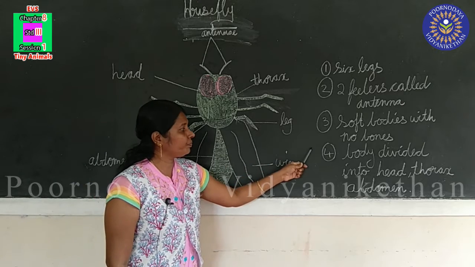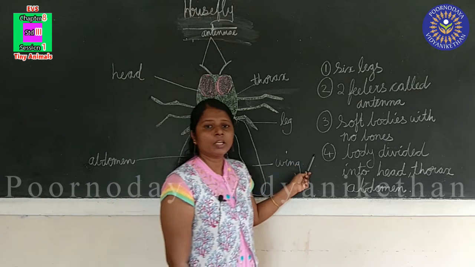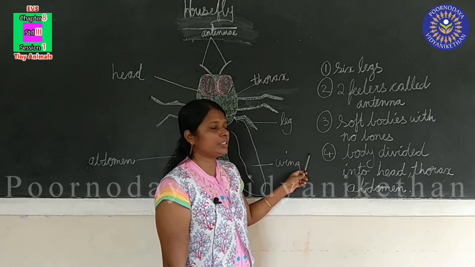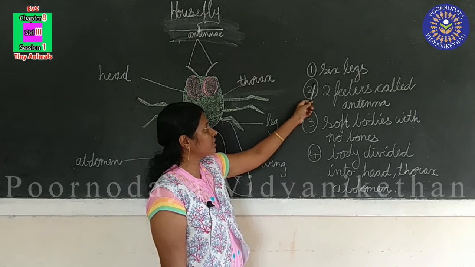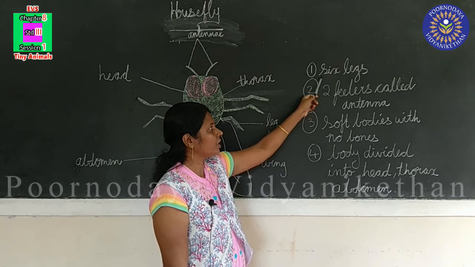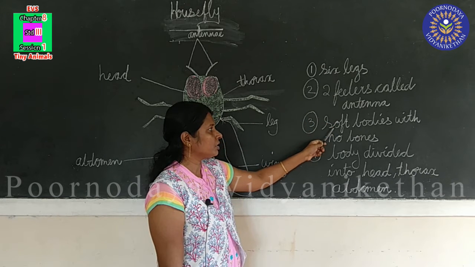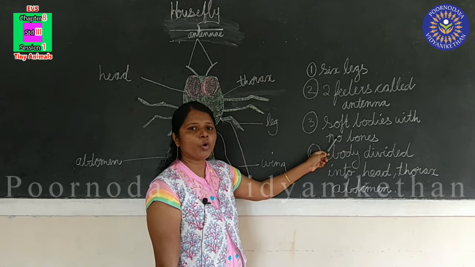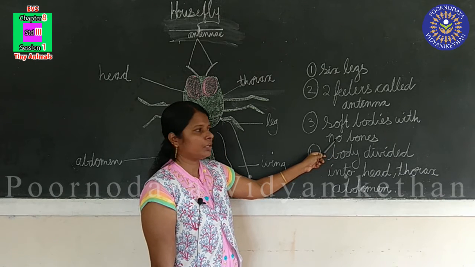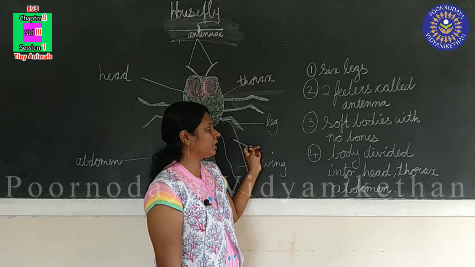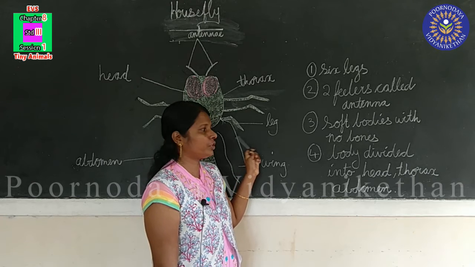Now, look here, these are the features of insects, common features. First 6 legs, then 2 feelers called antenna, soft bodies with no bones. They don't have bones. Their bodies are soft.